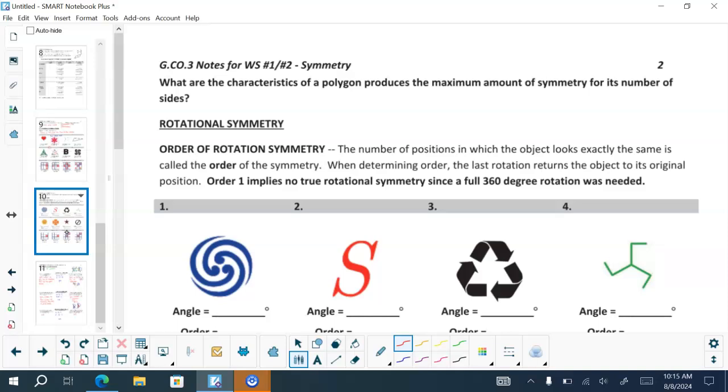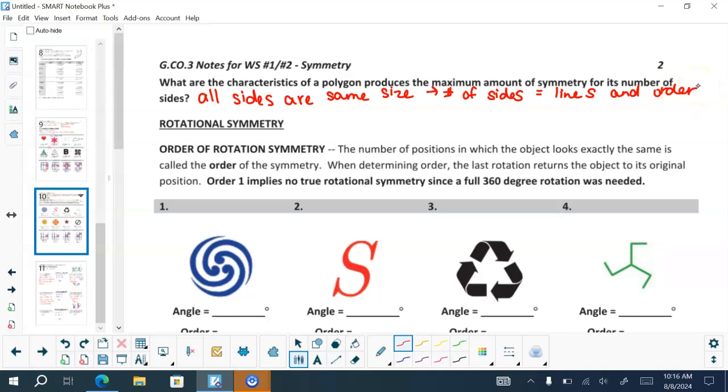So any polygon that has all the same side length and all the angles on the inside the same is going to have as many lines of symmetry as the number of sides that shape has. So if all sides are the same size, then the number of sides that the shape has is going to equal the number of line symmetry that it has, and order, which we're going to get into next here.